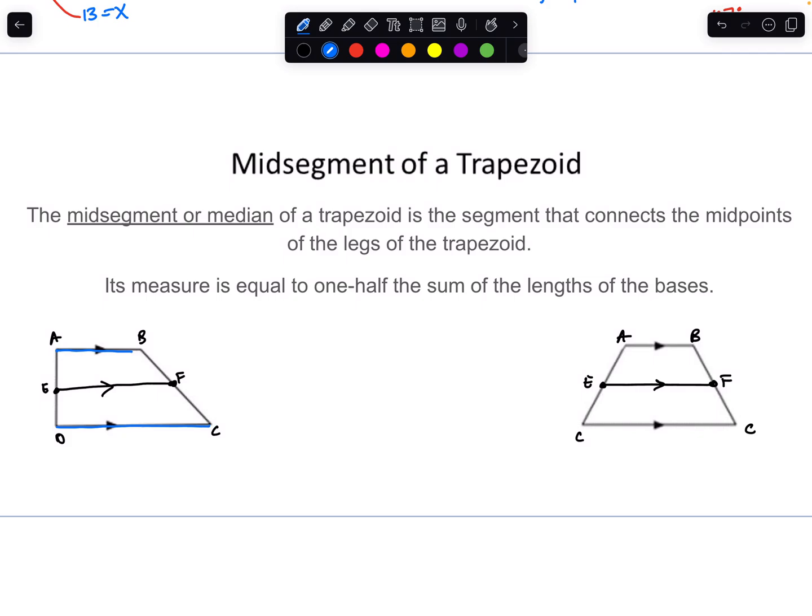If I know those lengths, the top and the bottom parallel lines, the original ones, I'm going to add them together. The length of AB plus the length of CD. When I divide it by 2, I will get the end result, or the length of EF.